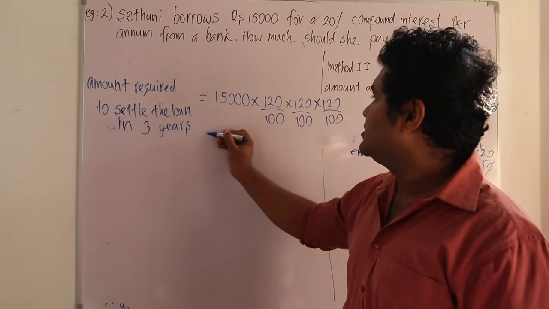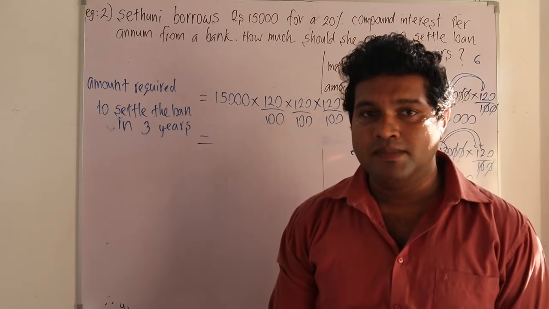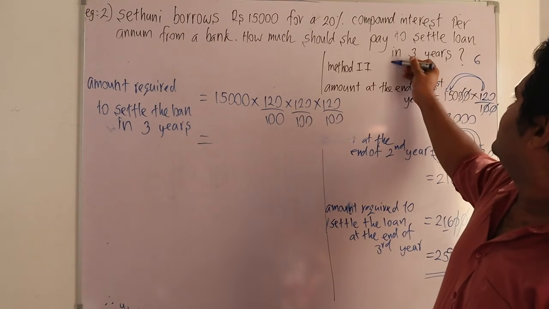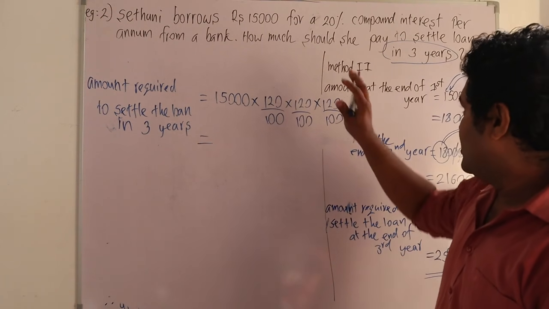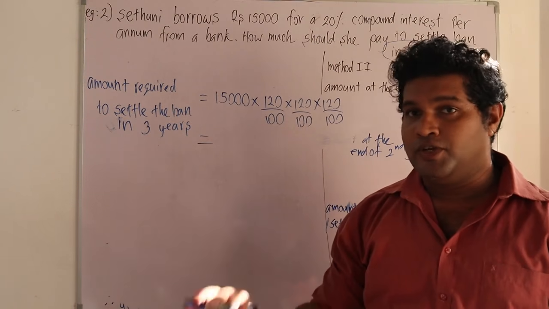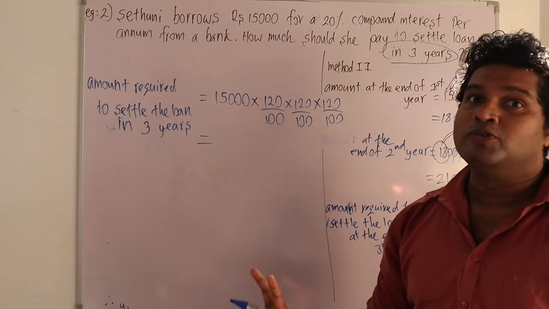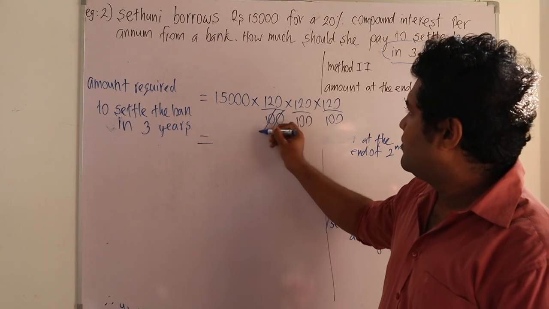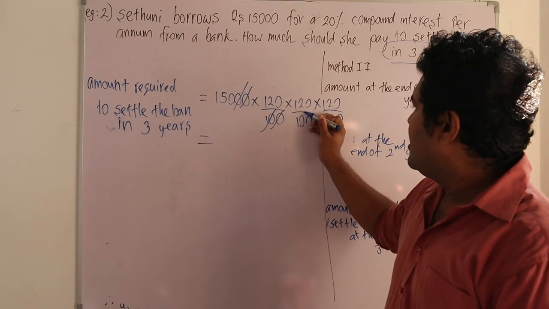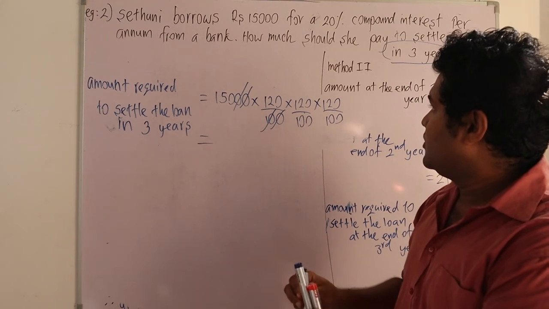Why have I used 120 over 100 3 times? Because in 3 years the amount is paid. But if the loan is settled after 2 years, you just use only 2 times this 120 over 100. Okay, now we can simplify as we have, and we can cancel the zeros.